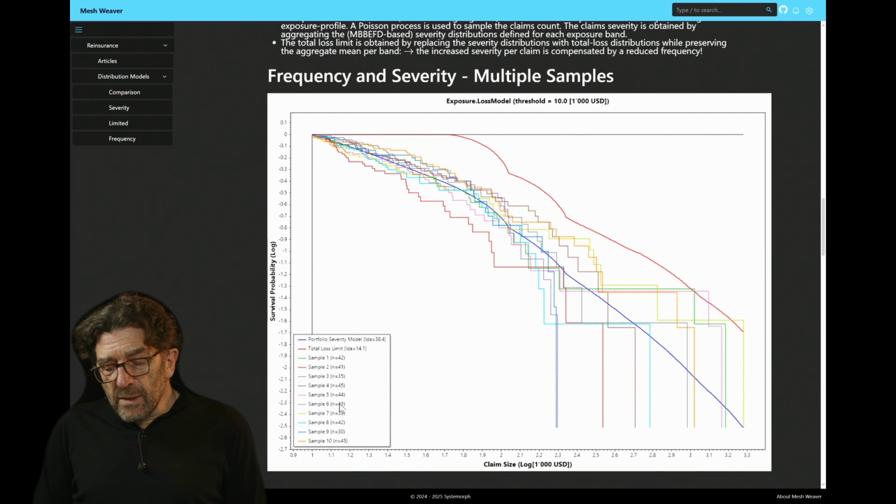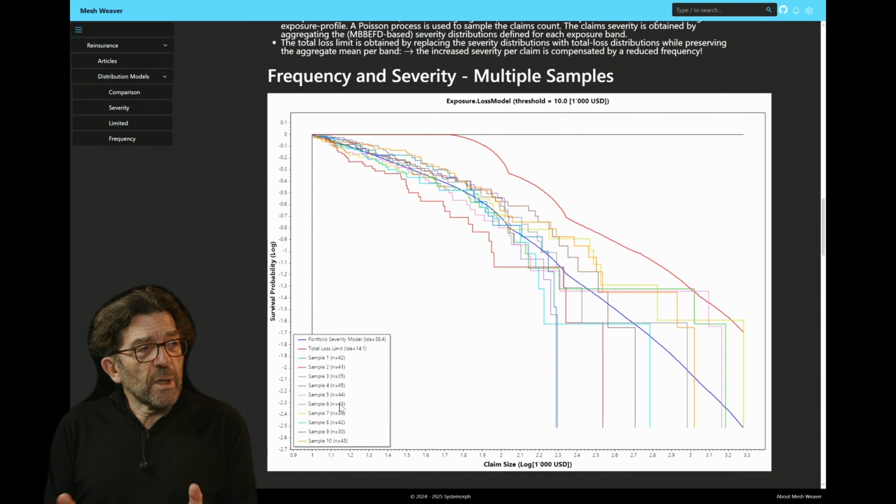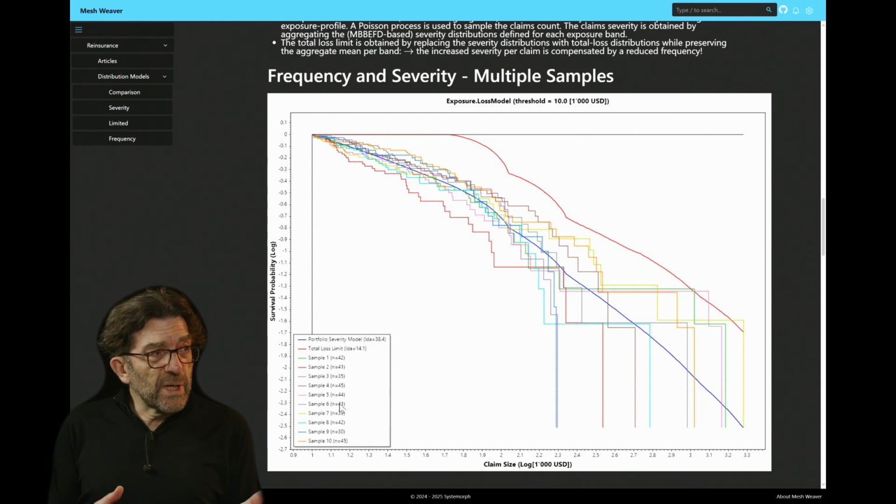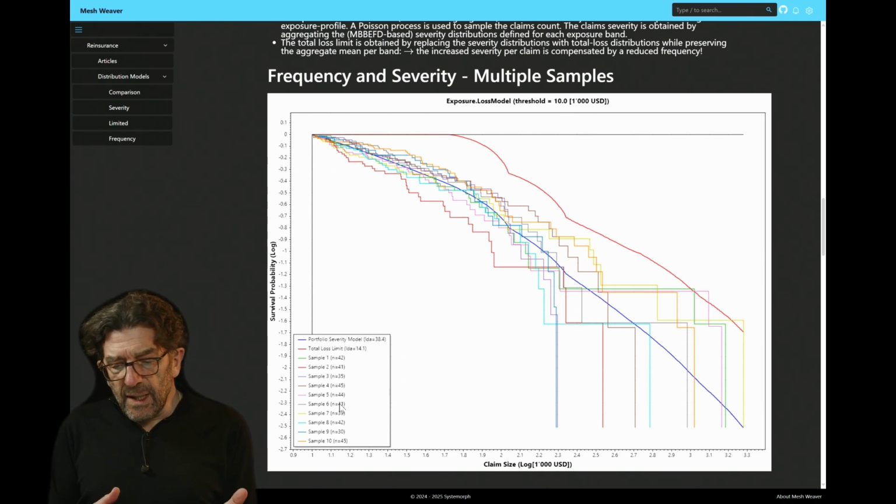What I also did, just out of curiosity, I was asking myself, what happens if, instead of taking the actual exposure curve, I say I have only total losses? So basically, which corresponds to a curve 0. So it's a total loss curve. And then, of course, I have larger claims, but if the premium and the loss ratio are given, then I need to compensate by saying the number is lower.